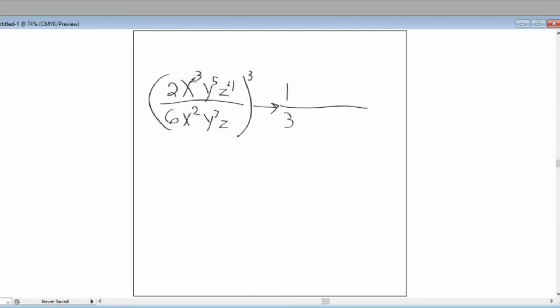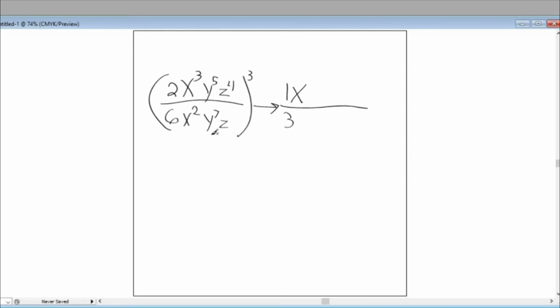Then I have my x's. I'm saying that this is x to the third divided by x to the second. When I divide things with exponents, I need to subtract those exponents. So 3 minus 2 is going to give me x to the first. The larger one is on top, so I need to put my x on top.